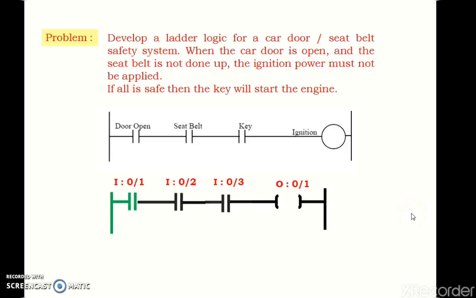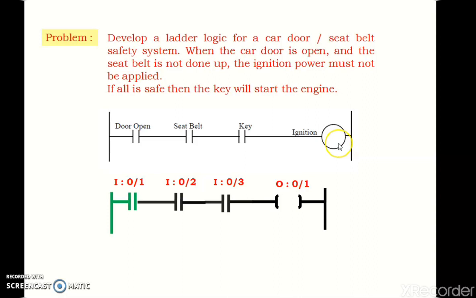Now consider the problem in which we have to develop a ladder diagram for a logic such that we have to start the car. The car will be started only when its door is closed, its seat belt is locked and the ignition key is provided.